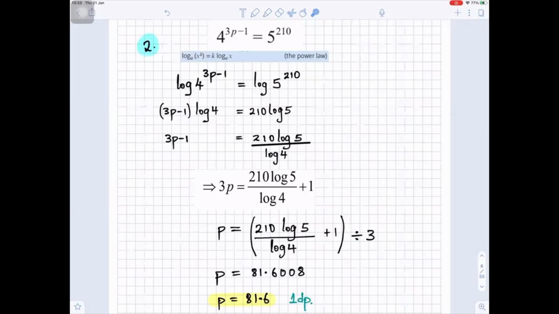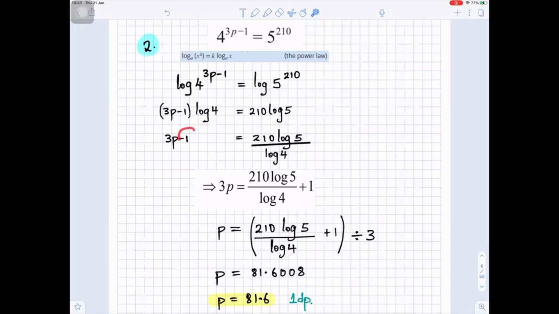So what we want to do first is put log in front: log 4 to the power 3p minus 1 and log 5 to the 210. The 3p minus 1 comes to the front and 210 comes to the front. Now it is times log 4, so we take the times log 4 to the right and it becomes divide by log 4.